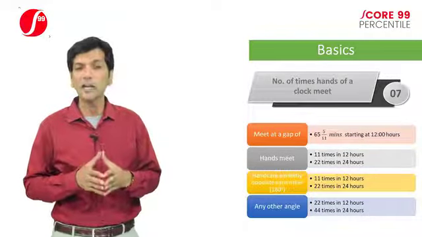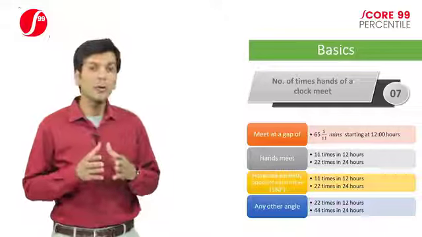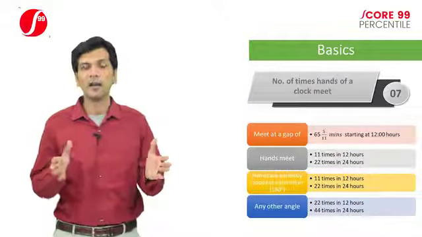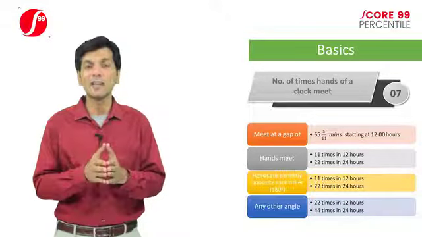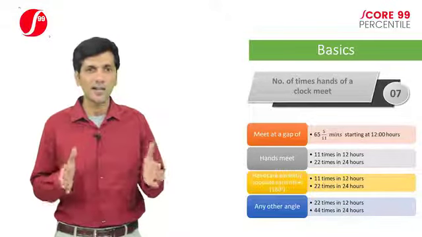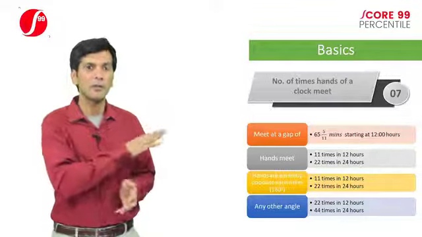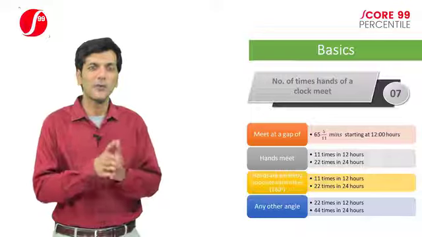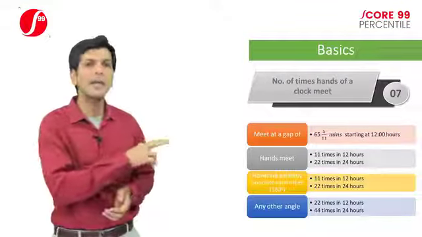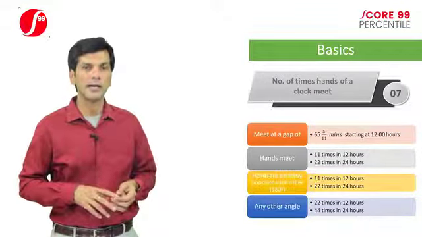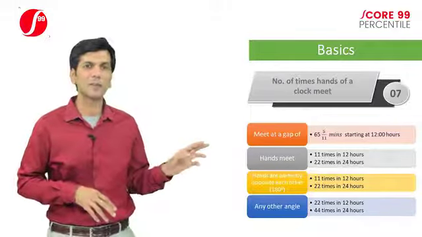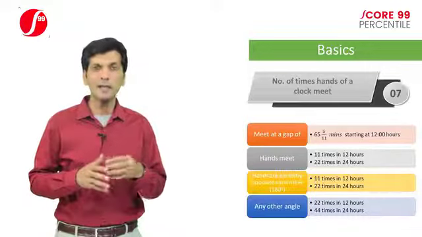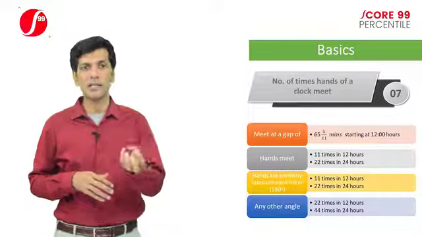Now if you are looking at the number of times the hour hand and minute hand are exactly opposite to each other, or the angle between them is exactly 180 degrees, then that happens the same number of times as they coincide or meet. So in every 12 hours the angle between them will be 180 degrees 11 times, and in a 24 hour span it will be 22 times. Now this is as far as the angle between them being 0 degrees or 180 degrees is concerned.